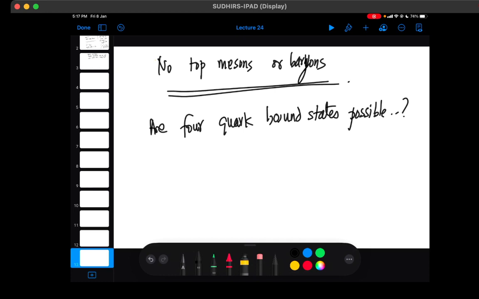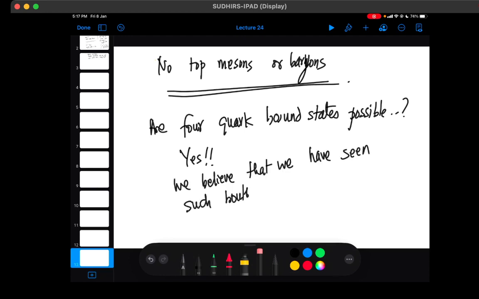Yes, they are possible, and we believe that we have seen such bound states.